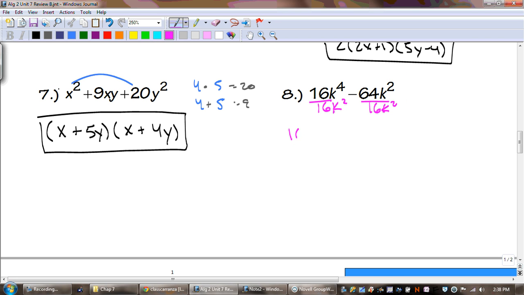So we take out that 16k squared, and then we're left with k squared minus what? Oh, 4. Okay, and then I can take the square root of both of those. And so that 16k squared comes out front, and then we're left with k plus 2 and k minus 2.